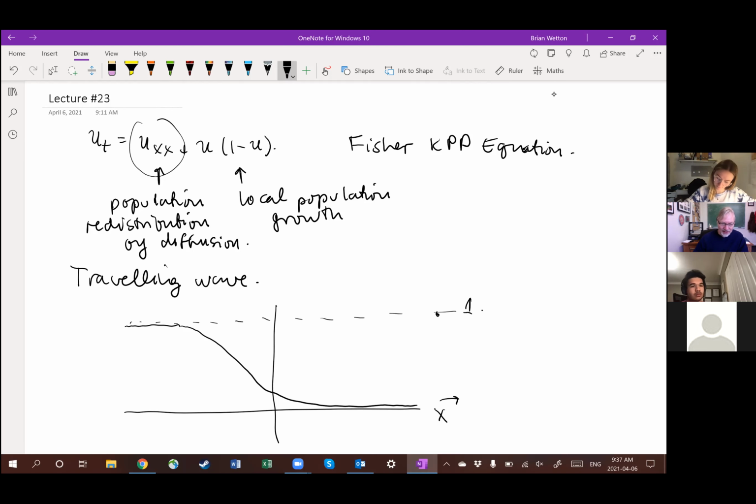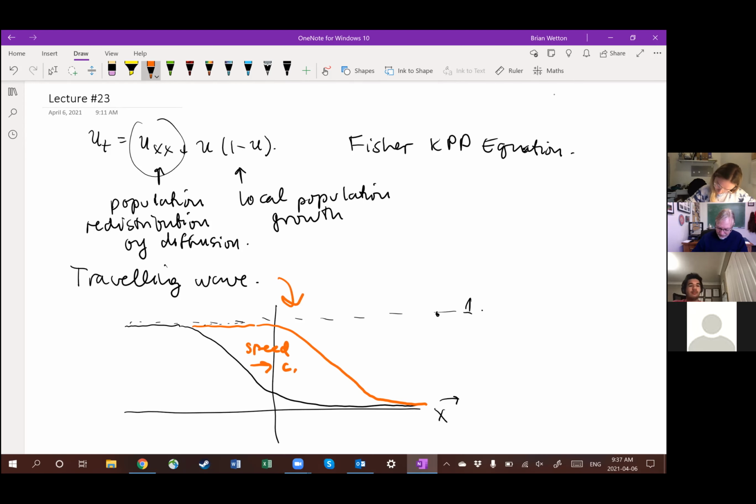And I'm thinking, I could be able to find a solution which moves in time at speed c that keeps the same shape. And if it moves at this constant speed and keeps its shape, that's the definition of a traveling wave.